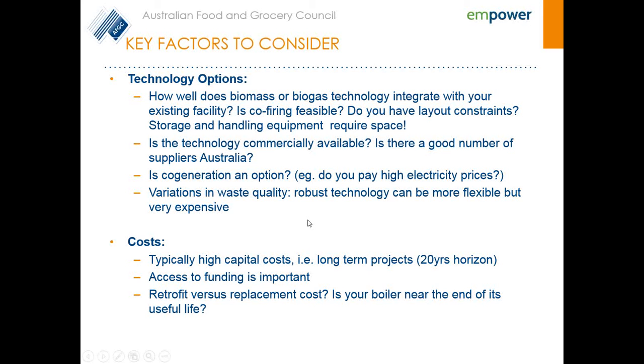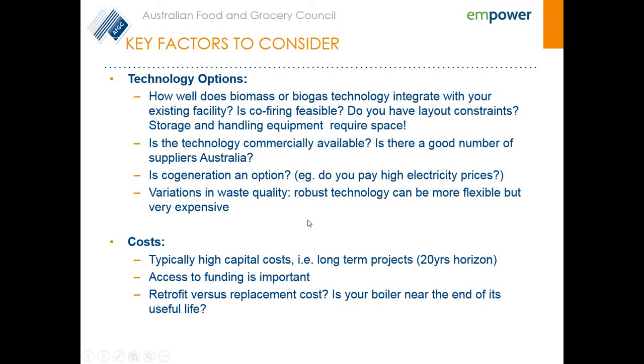And the other aspect is, instead of replacing equipment, is retrofitting a good option, particularly if some of your equipment is reaching the end of its life, and you might want to consider a full replacement.